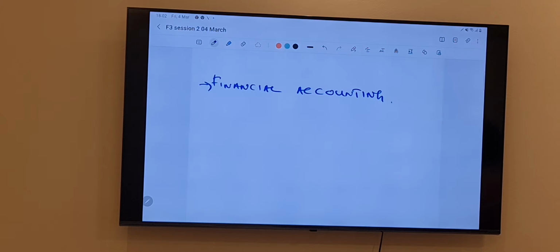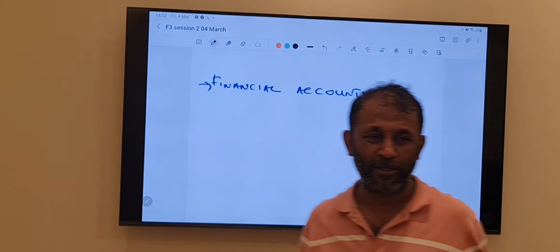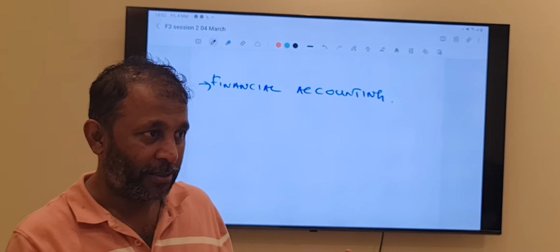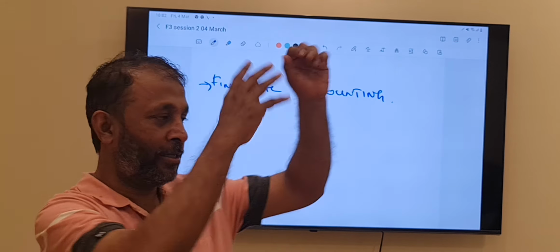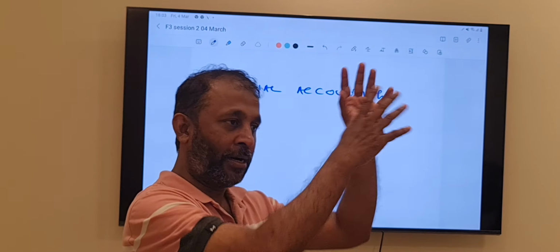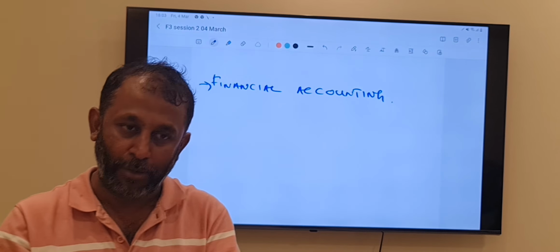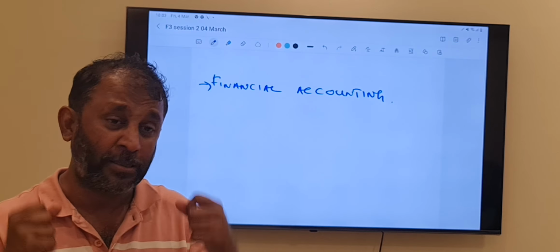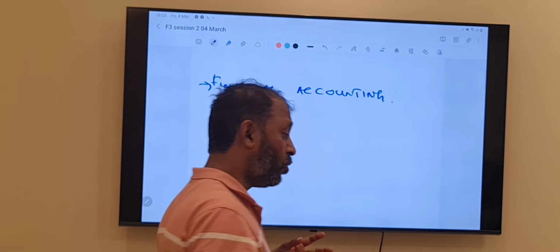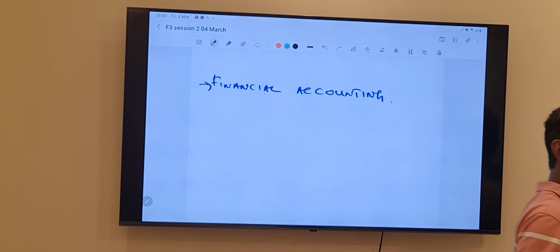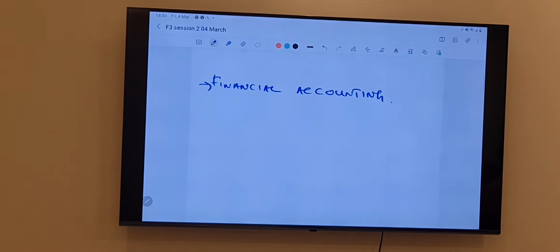If I am to define what financial accounting is, how can we say? We just said accounting is gathering source data, recording it, summarizing it, and so on. But financial accounting is in order to obtain financial outcomes from this accounting activity.